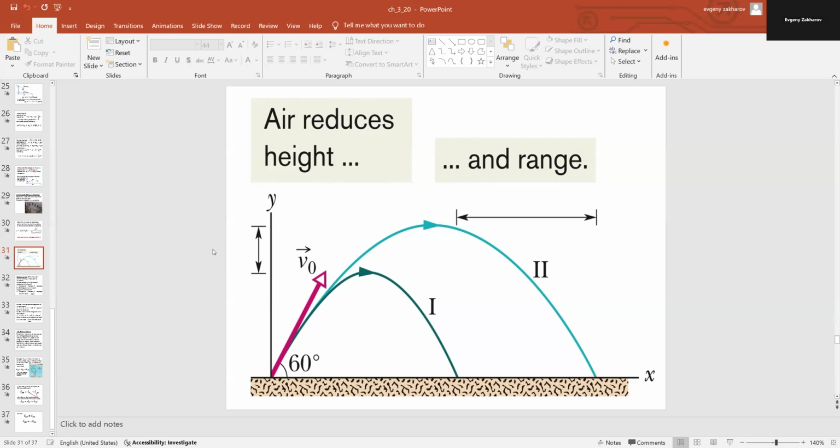And with that, you definitely will get less of a range that was covered, less altitude that you reach, and other parameters will also be different.